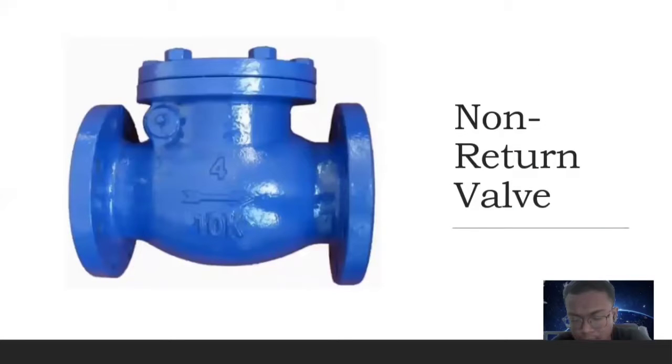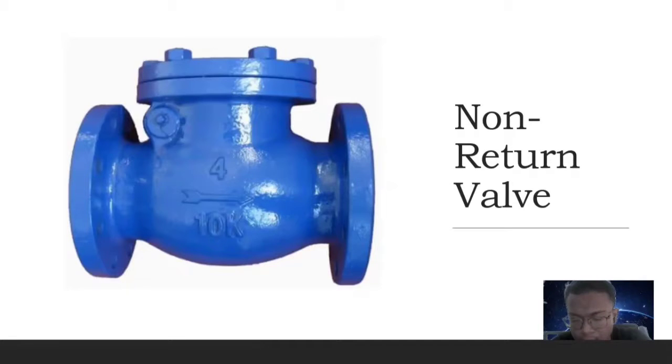The non-return valve. The non-return valve permits flow in one direction and stops the flow completely in the other direction. It consists of a valve body, a poppet, a spring, and a seat.